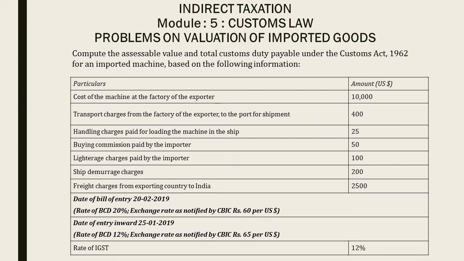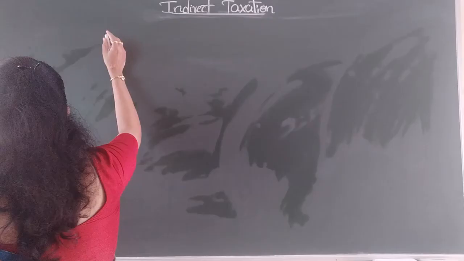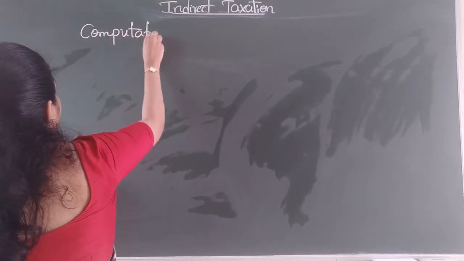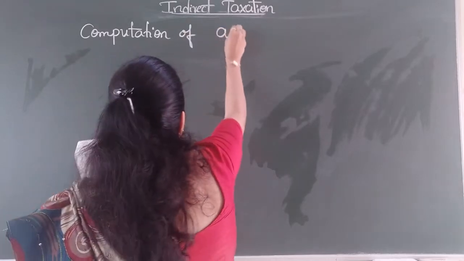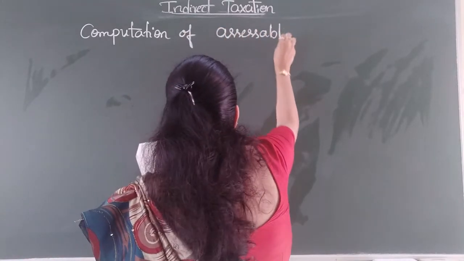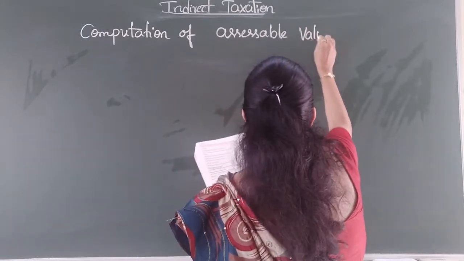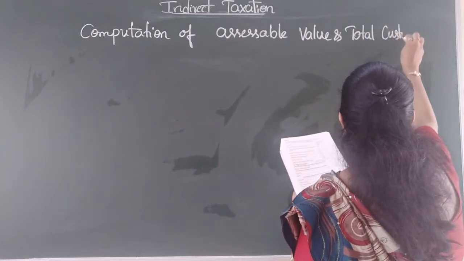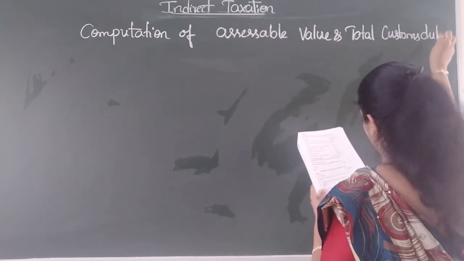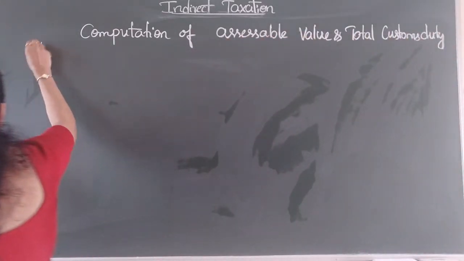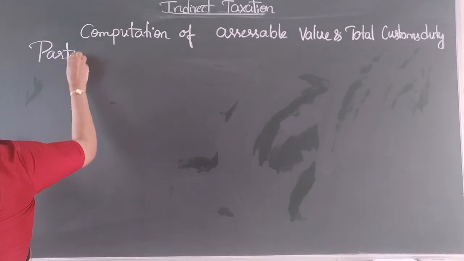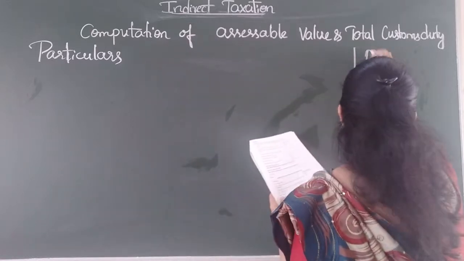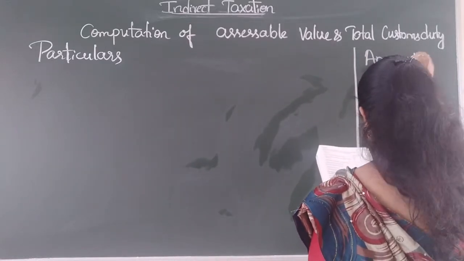So you can write the computation of assessable value and total customs duty. Make two columns, particulars, and amount in US dollars.